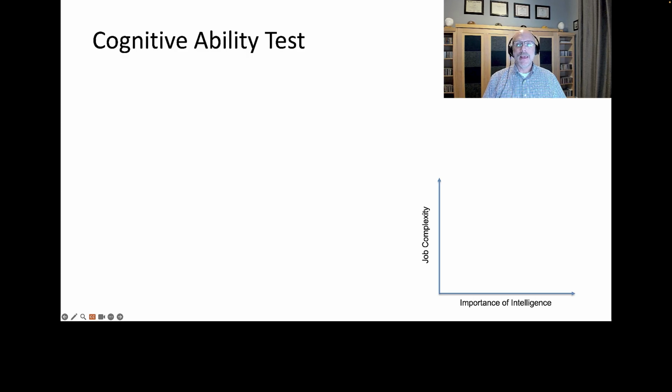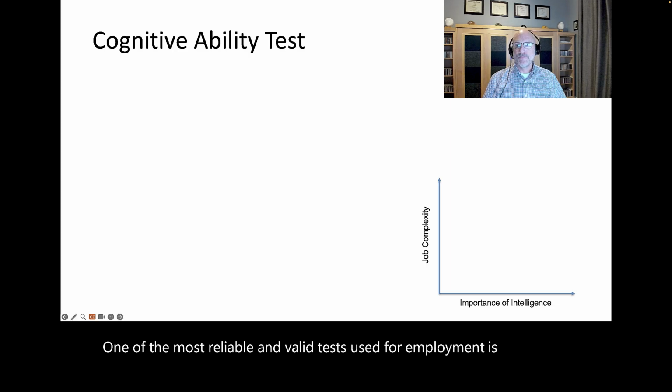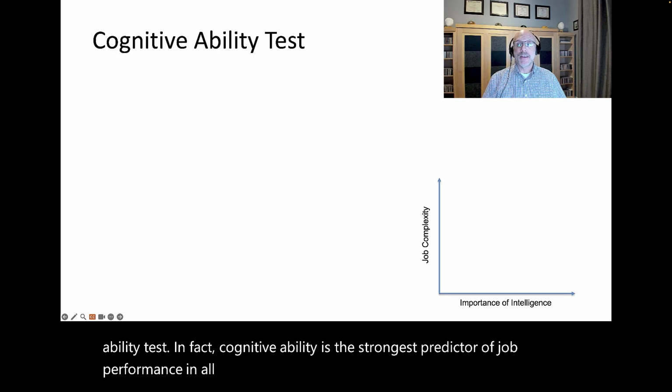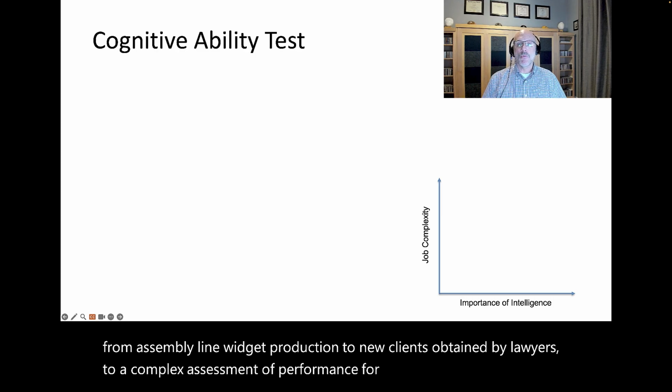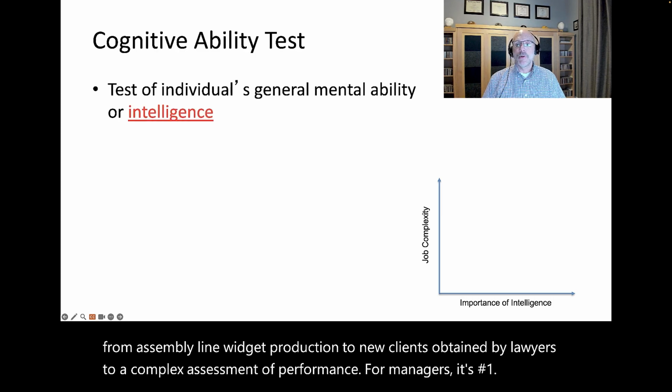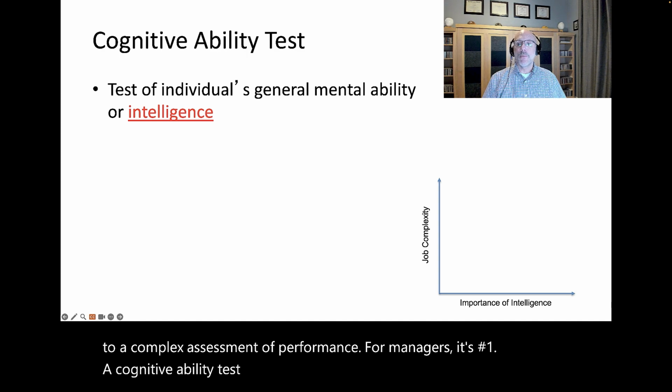One of the most reliable and valid tests used for employment is a cognitive ability test. In fact, cognitive ability is the strongest predictor of job performance in all jobs and using any way of measuring job performance, from assembly line widget production to new clients obtained by lawyers to a complex assessment of performance for managers. It's number one. A cognitive ability test is an examination or measurement of one's intelligence level.